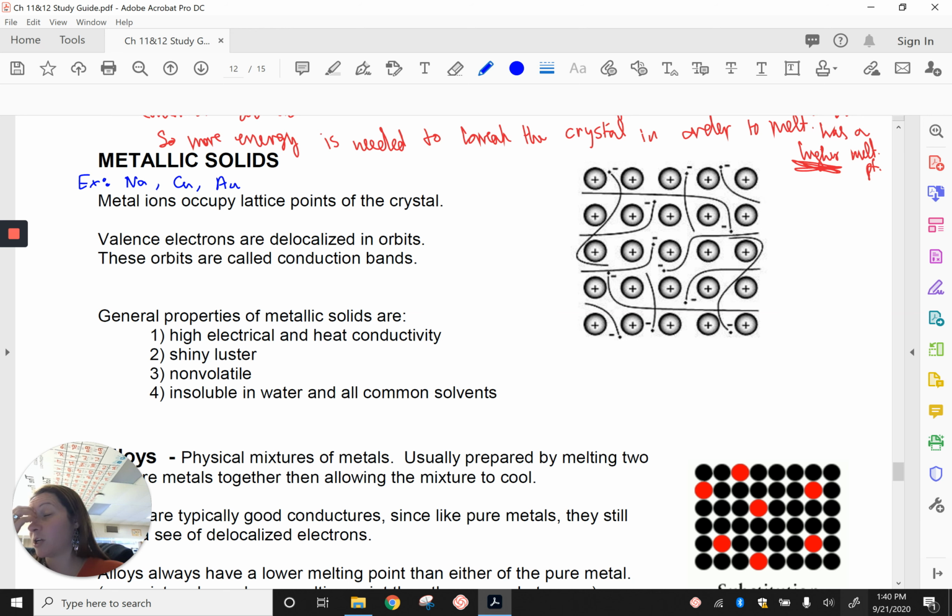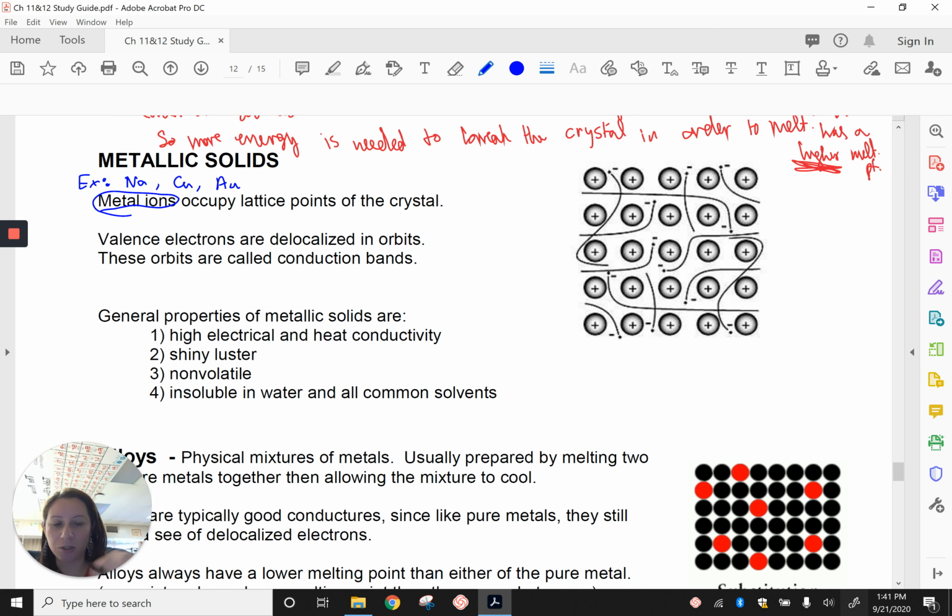So let's say you have sodium, for example. Each sodium loses an electron. So they all become cations, but then the electrons have really nowhere to go, so you have these metal cations in a sea of delocalized electrons. So the metal ions, the cations, occupy the lattice points.